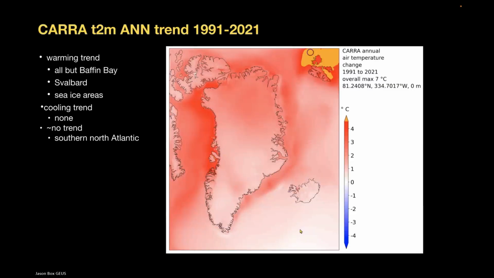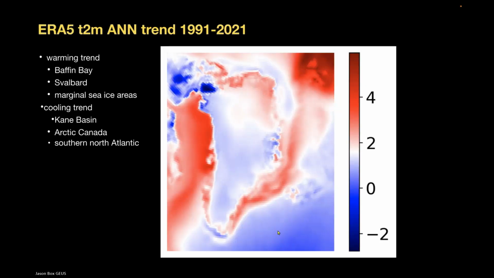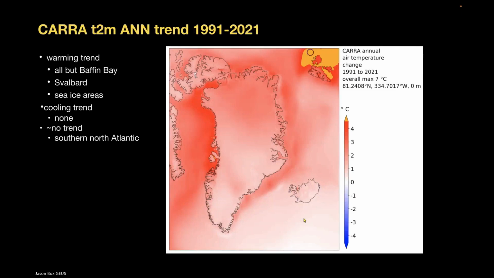CARRA has really only a warming trend, or not any trend here in the southern North Atlantic. So go back to ERA5, a cooling trend, if I did the trend calculation correctly, and kind of no trend here for CARRA. The strongest trend around Svalbard and, not Kane Basin, the Laptev Sea, sorry, the Barents Sea, that's it.